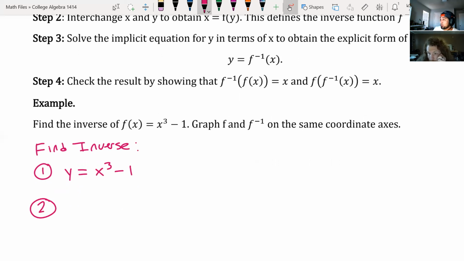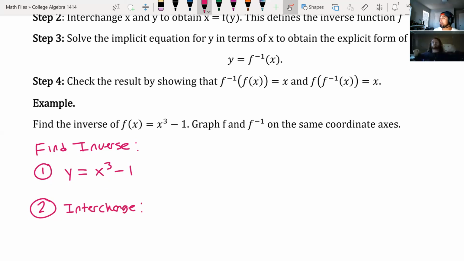Since x cubed minus 1 is a one-to-one function, well, we're assuming it's a one-to-one function because they gave it to us. Since it's a one-to-one function, it's going to have an inverse, which means your domain and range switch places and your x and y values switch places. So on step 2, we interchange their roles.